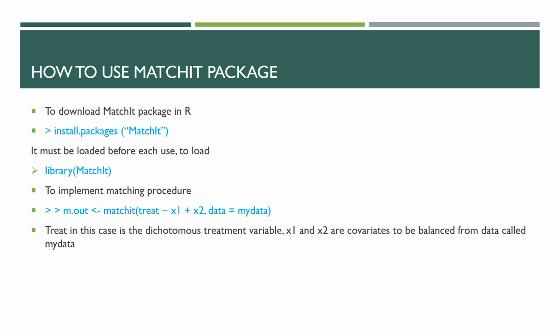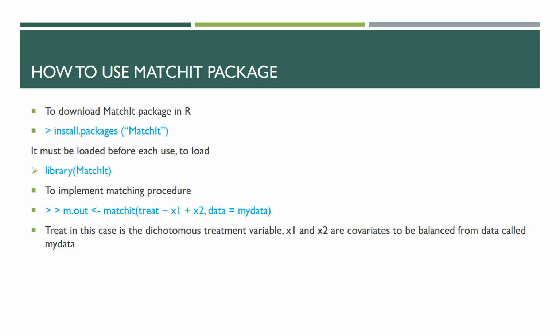And the command for that is library parentheses matchit. To implement the matching procedure, which is the main procedure for this package, the command is m.out <- matchit parentheses treat ~ x1 + x2, data = mydata.